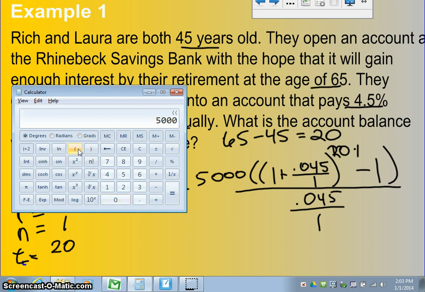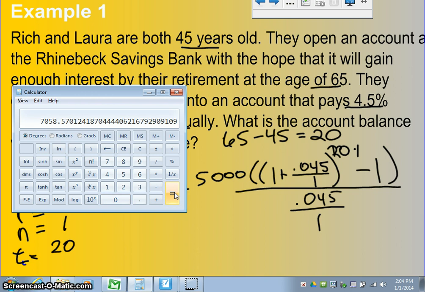We're going to put in our $5,000. We're going to do 2 sets of open parentheses. Notice I did that here on the problem. And then I've got 1 plus 0.045 divided by 1, close parenthesis, all to the 20th power, that minus 1, close parenthesis. We hit enter there. We're going to multiply that value by 5,000.